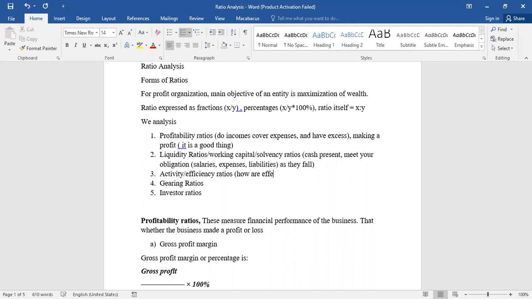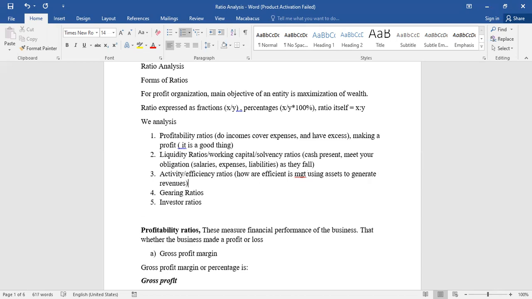Efficiency has to do with time. How efficient are you? Efficiency is management: using the assets to generate revenues, for example.